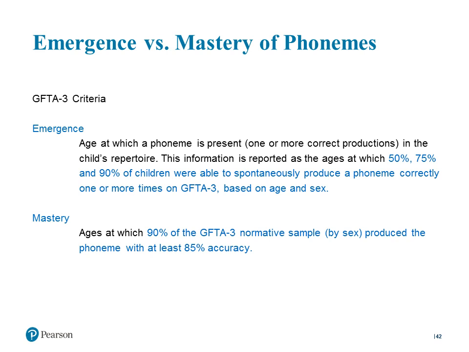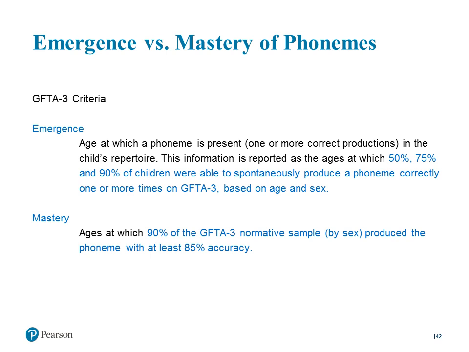So what we're saying is you're going to see 3 columns for girls, and you'll see 3 columns for boys. And what you see is that based on age, 90% of the sample were able to produce R at what age, versus that's just one production. They only had to do it right one time. The difference is when we go to mastery.